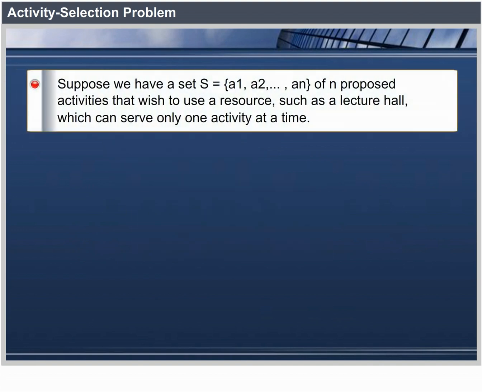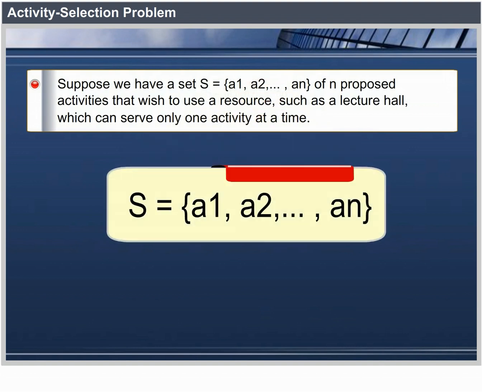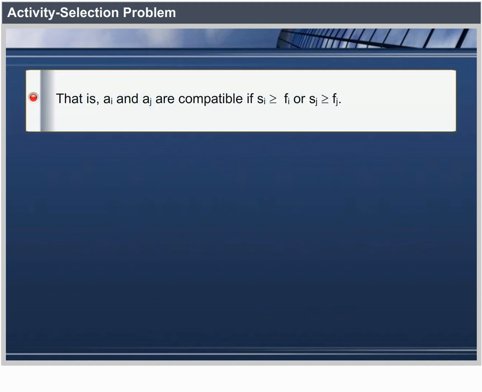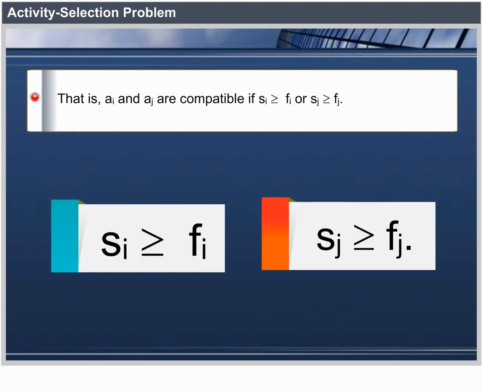Activities Ai and Aj are compatible if the intervals [Si, Fi) and [Sj, Fj) do not overlap. That is, Ai and Aj are compatible if Si ≥ Fj or Sj ≥ Fi.